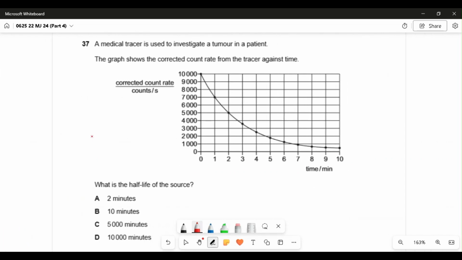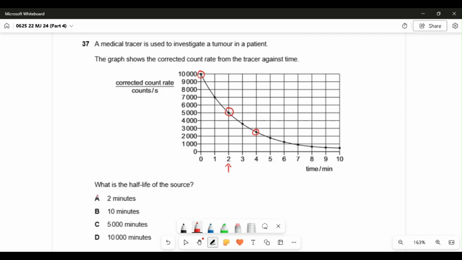37. A medical tracer is used to investigate a tumor in a patient. The graph shows the corrected count rate from the tracer against time. There were 10,000 counts per second initially. Now, what is the half-life? Half-life is the time within which this 10,000 will change into 5,000. So the time goes from 0 to 2. Let us check further. From 5,000, half is 2,500, and it takes 2 more minutes, that is 4.